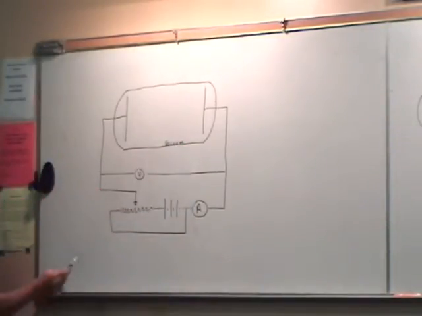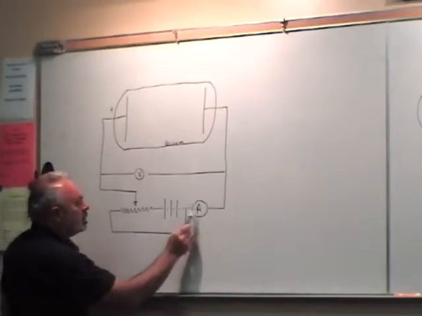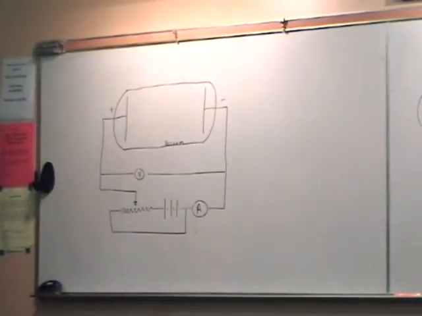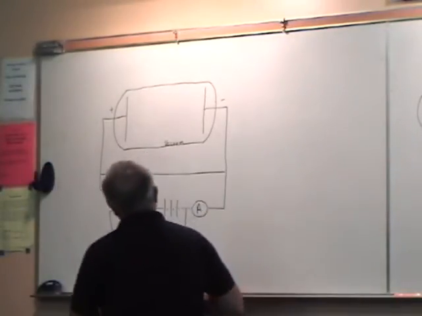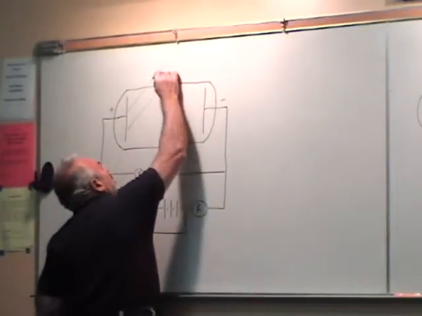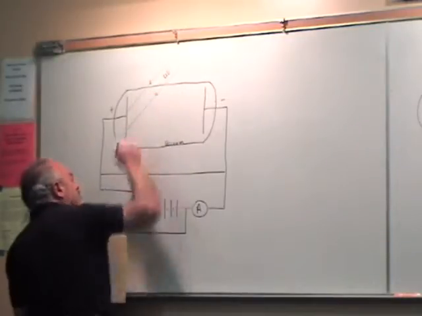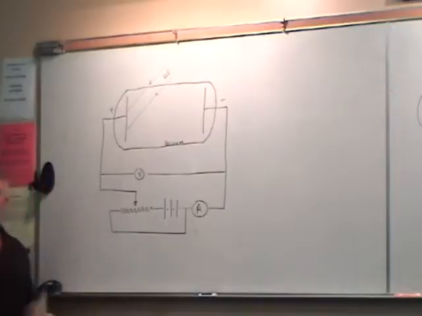Now you'll notice that this side is the positive side, and this side over here is the negative side. So we have an electric field across these two plates. But before we talk about that electric field, I'm going to deliberately shine ultraviolet light, UV, on this plate. And what's going to happen is that ultraviolet light is going to free electrons.